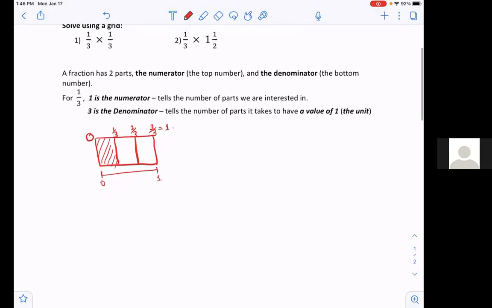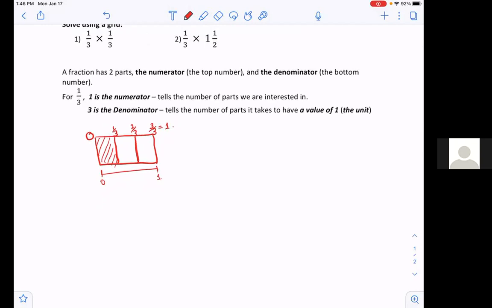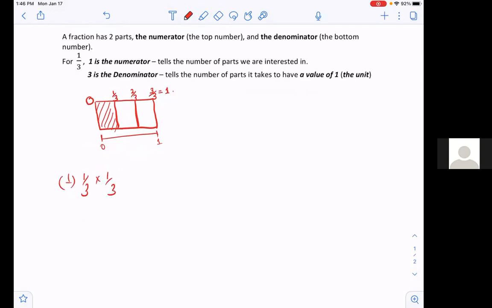Now, let us get into our questions. And because the first question involves multiplying two proper fractions, we will have the same idea into play. So for the first fraction, a third, I'm going to show it horizontally.